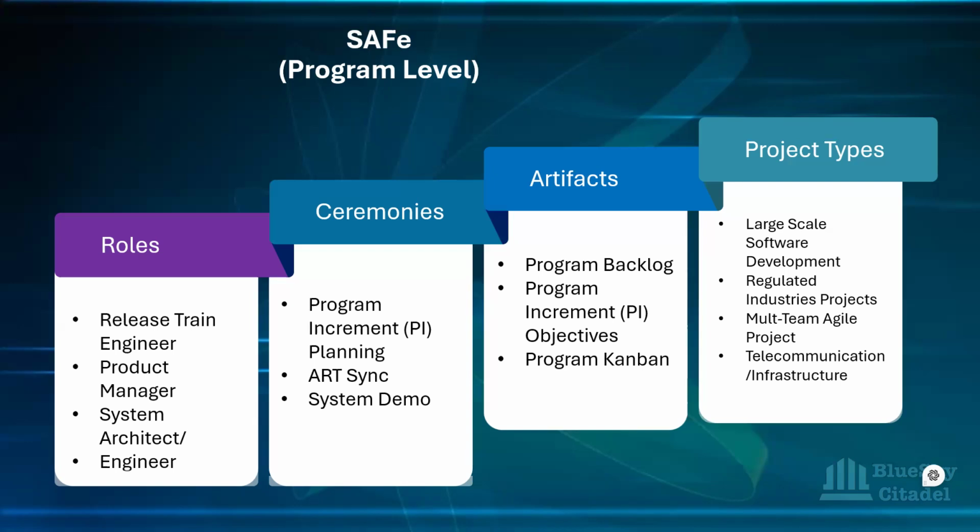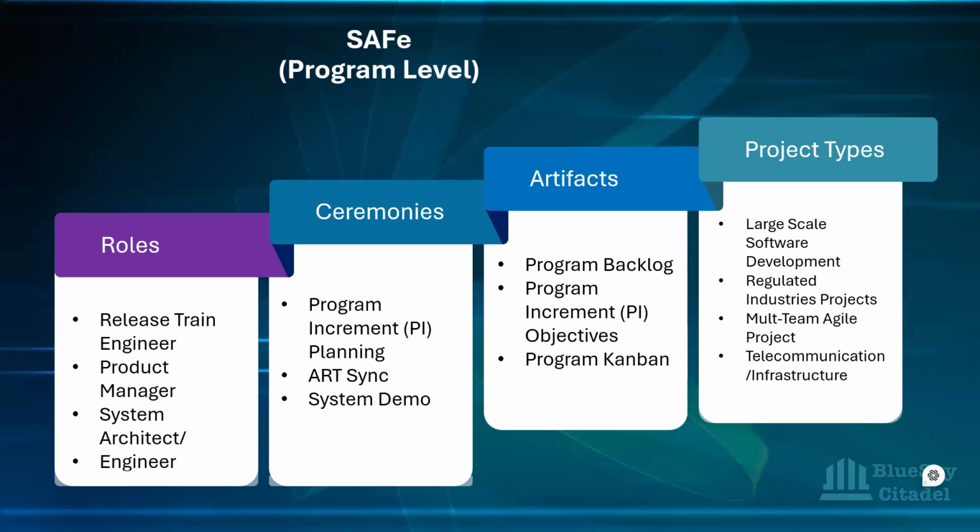We'll talk about the team level because the team level works within the program level, but the focus is on the program level. So for the program level, we're looking at the roles that you have in SAFe. SAFe introduces new roles that are crucial to scaling agile. Be it the team level, program level, solution level, or portfolio level, they each have their own roles that work within those levels.